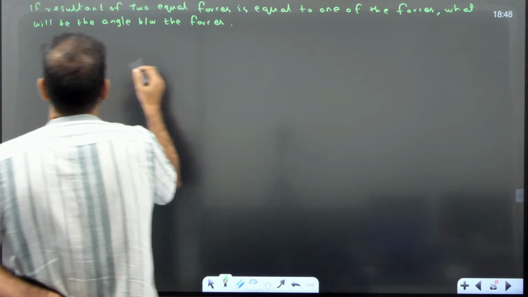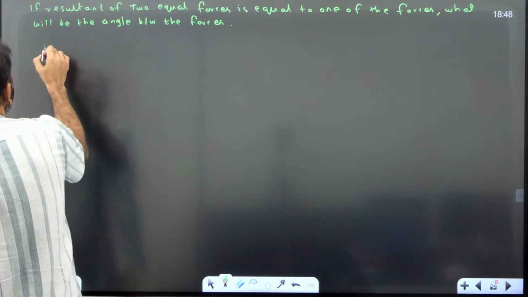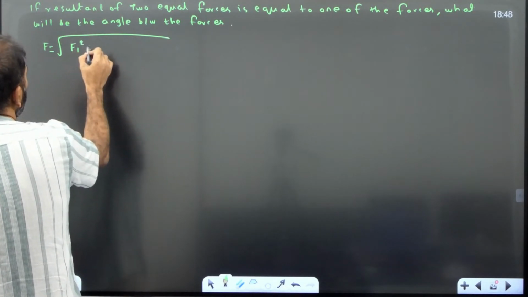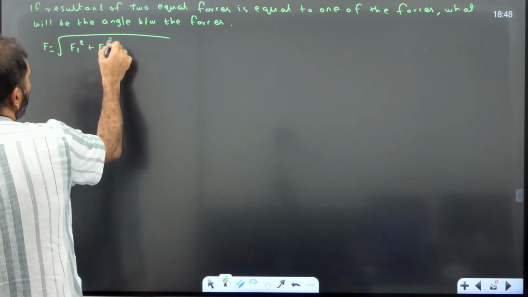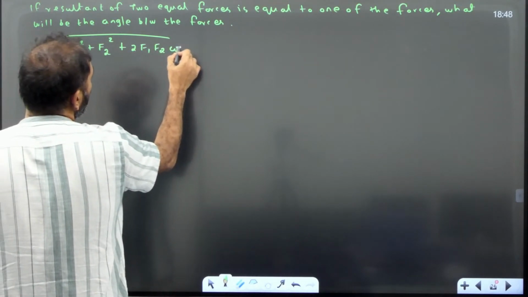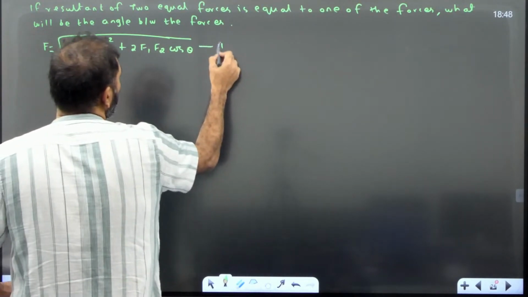Same question, first of all I will do this. So what is the equation for resultant force? Root of F1 square plus F2 square plus 2 F1 F2 cos theta, where the first force is F1 and the second force is F2. This is the equation for resultant force.